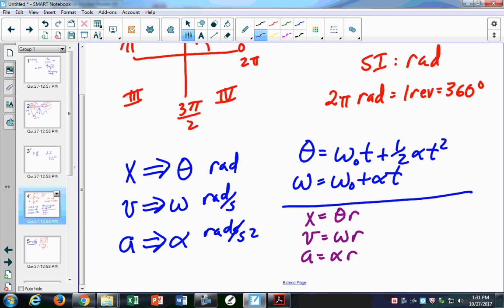And that allows me to convert them to my linear quantities. So if I have, for example, a circle of radius r, and I move through an angle theta, this is the distance, theta times r. All of these, by the way, when you're doing this, have to be in radians.